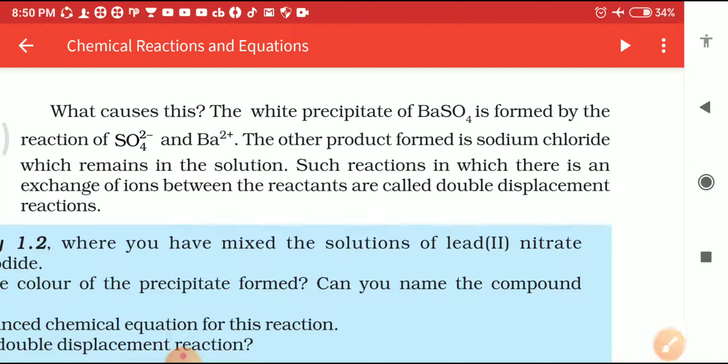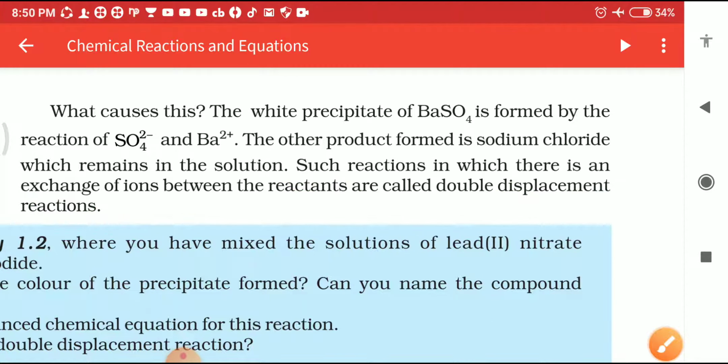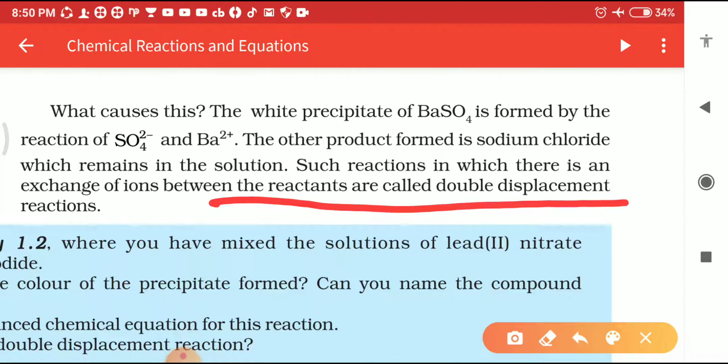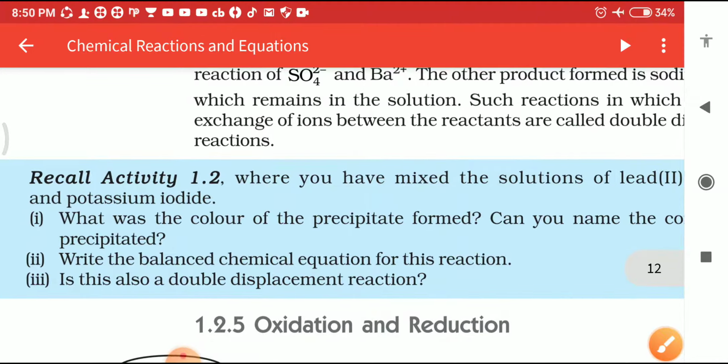Such reactions in which there is an exchange of ions between the reactants are called double displacement reactions. Students, these are examples of double displacement reactions in which an exchange of ions takes place. Now I hope you understand this topic.